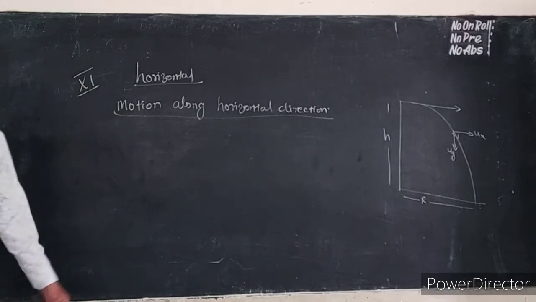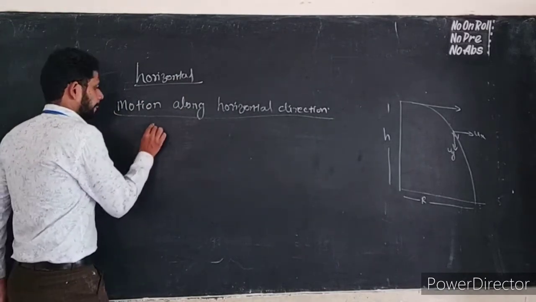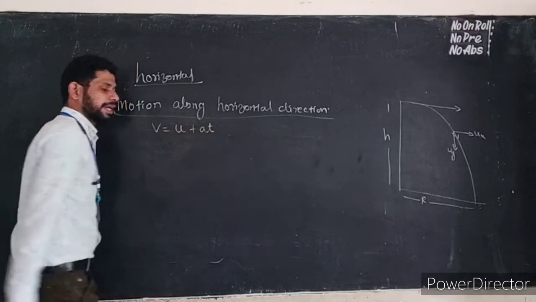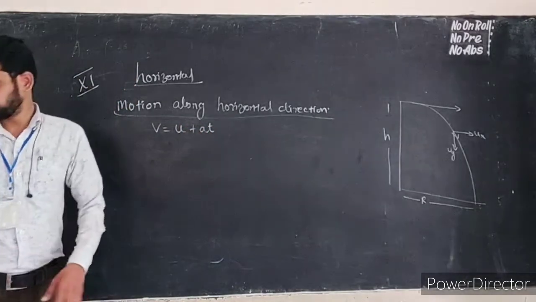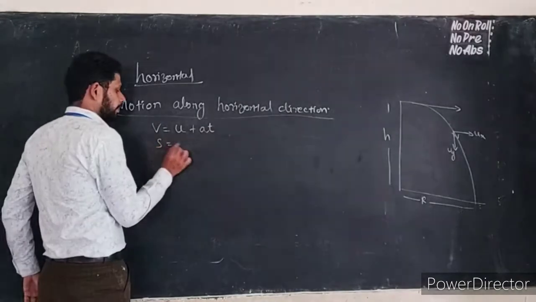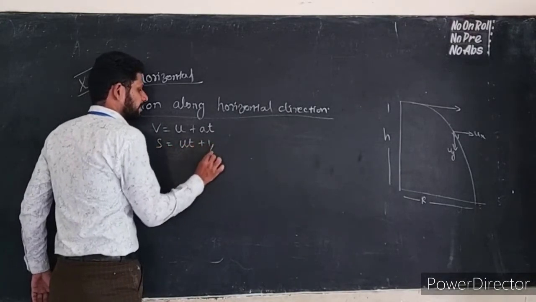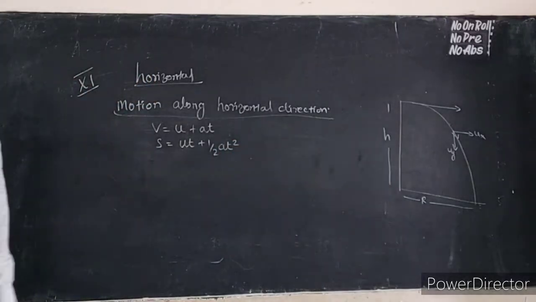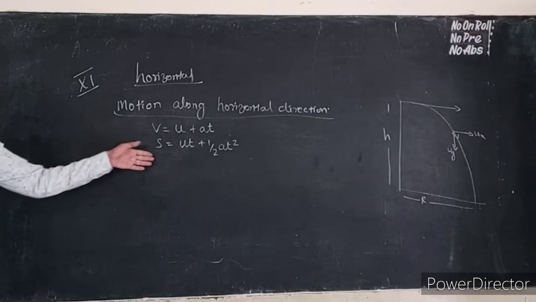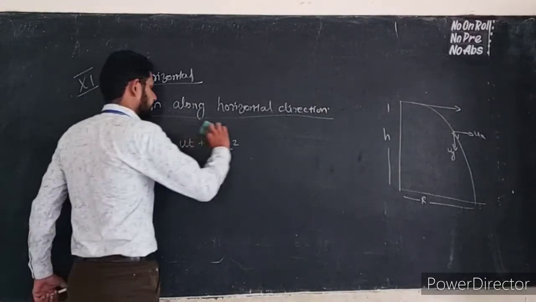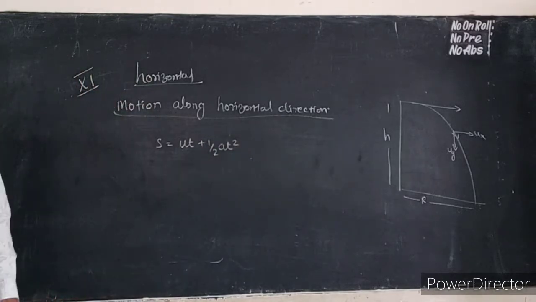We know that v equal to u plus at, the first equation of motion. The second one, s equal to ut plus half at square. The third one, v square equal to u square plus 2as. Now here we are going to use s equal to ut plus half at square.